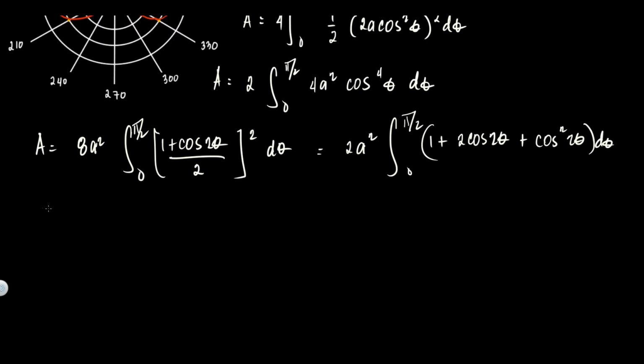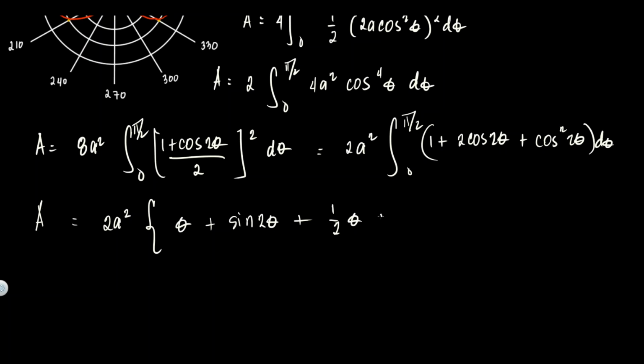Madali na to, ano? Sige. Solve na rin natin. So, we have, diretso na natin, no? So, 2a squared multiply by theta. This one, sine 2 theta over 2 times 2, so plus sine 2 theta. Plus identity again, so we have 1/2 theta.